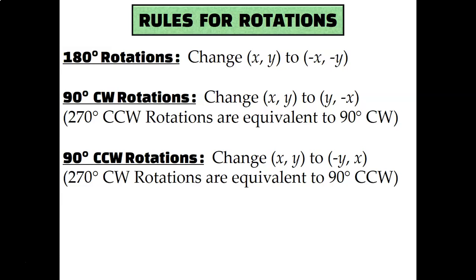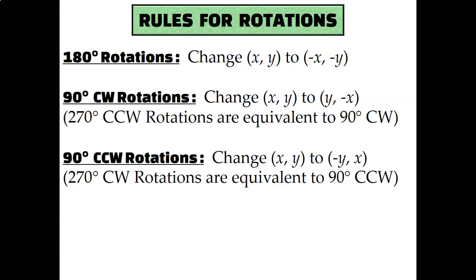And there are a variety of ways to perform rotations, but the easiest way is just to memorize these rules. If you're rotating 180 degrees, you change (x, y) into (negative x, negative y). If you're rotating 90 degrees clockwise, then you change (x, y) into (y, negative x).